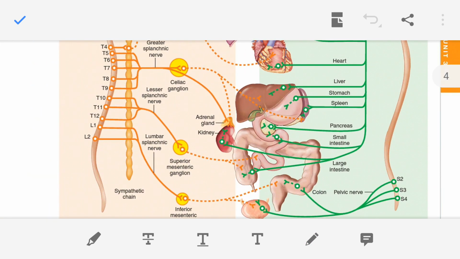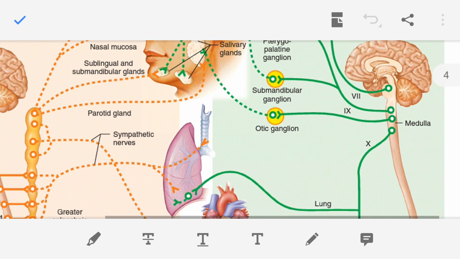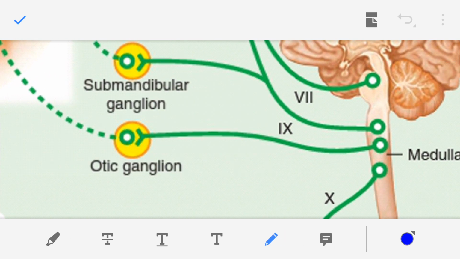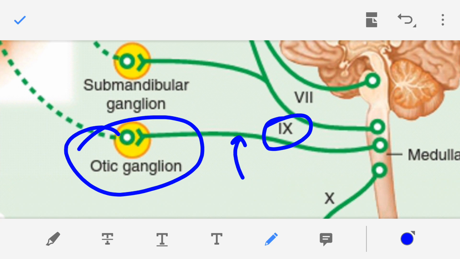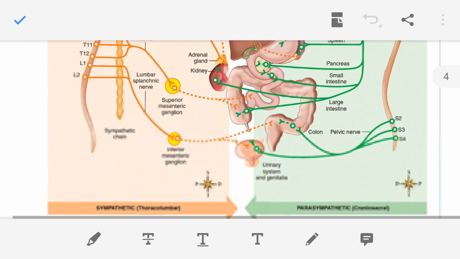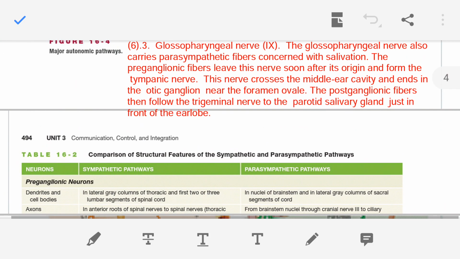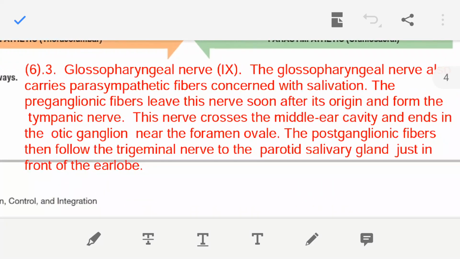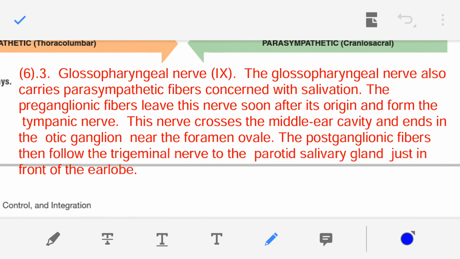See, this is the nerve number 9, and this is the otic ganglion. Now from this otic ganglion come the postganglionic fibers. In the otic ganglion, there is a synapse between the preganglionic fiber and the postganglionic fiber.